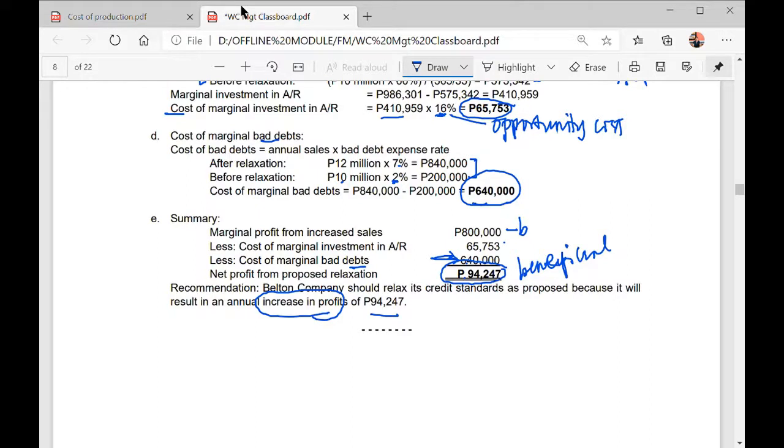So the gain will not be only 94,000, this is just an estimate. If we fix our operations and our planning in terms of credit and collection, screen our customers properly, do good background checks and make good arrangements with our customers, we can minimize this. And if we minimize our bad debts, our profit increases.